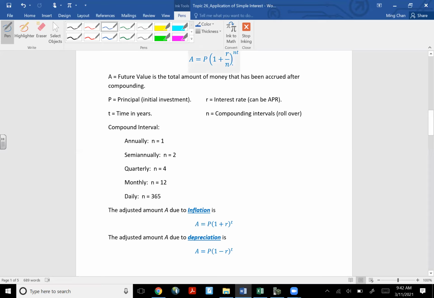Well, n is going to be 1 for inflation and depreciation. Inflation and depreciation are calculated once a year. That's the reason why you don't have to do interest divided by 1, raised to the 1 times t power. I just took those out. So this is the formula you will use to compute inflation using a plus sign, or depreciation using a subtraction sign.